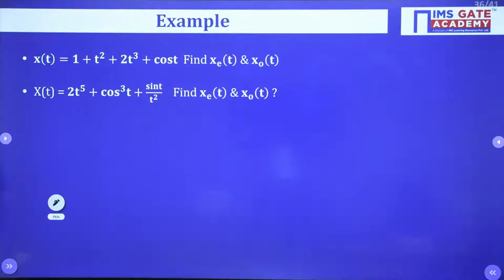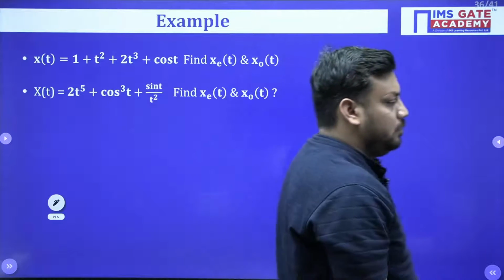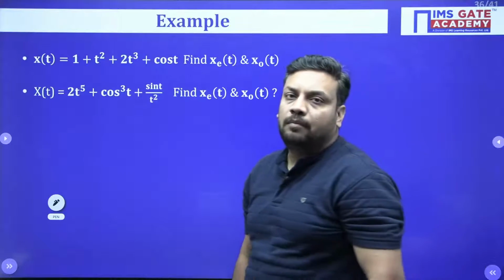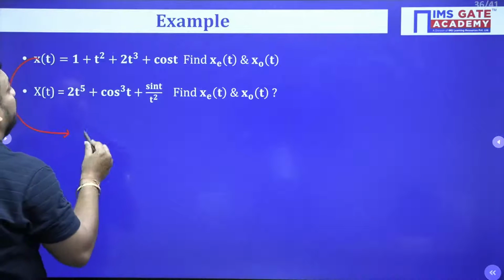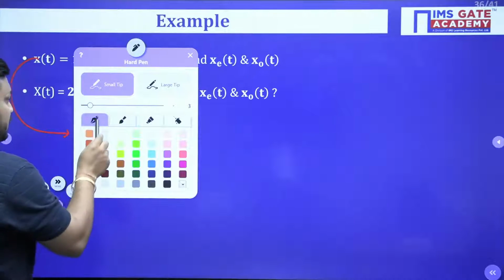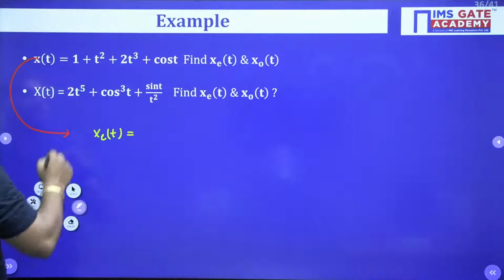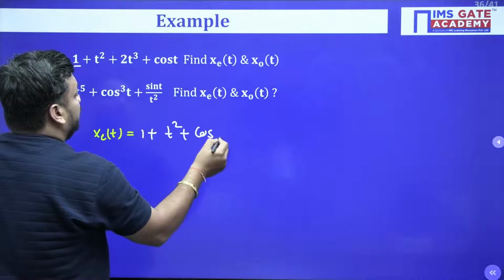All of you guys just do reply. Shall we go for next? So if I talk about the first question, the even part of x(t) is nothing but, 1 is an even signal, t square is also even nature, and cos t is also even nature.